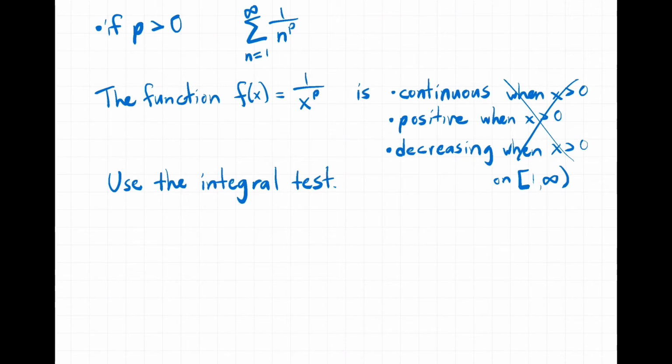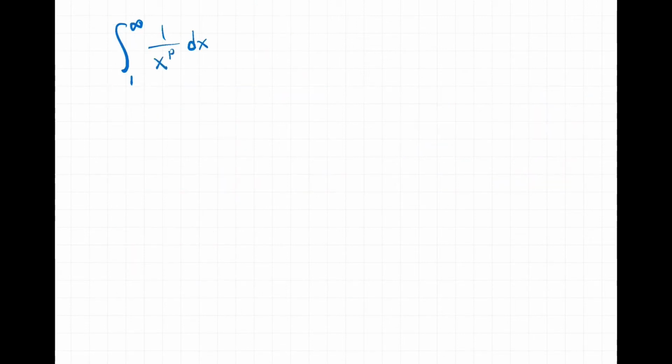So instead of trying to find the series, the sum as n goes from 1 to infinity of 1 over n to the p, let's find the integral from 1 to infinity of 1 over x to the p power dx. And let's figure out what the value of this integral is. So let's figure this out. I'll start by just rewriting my function here. So this is equal to the integral from 1 to infinity of x to the negative p dx.